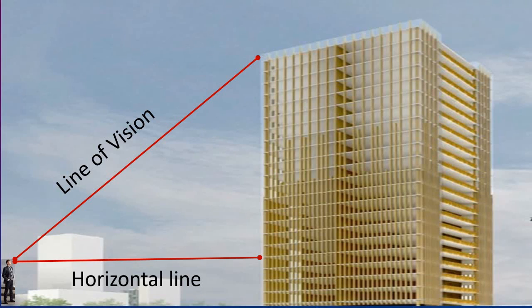Between the line of vision and the horizontal line, there forms an angle. This angle is nothing but the angle of elevation. So angle of elevation is formed when we see above the horizontal line.